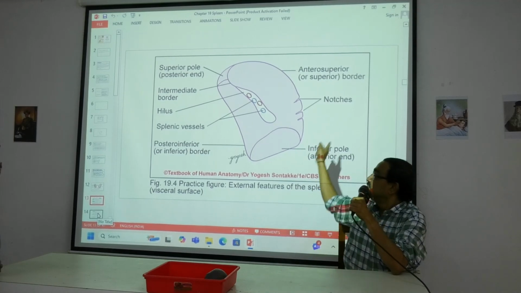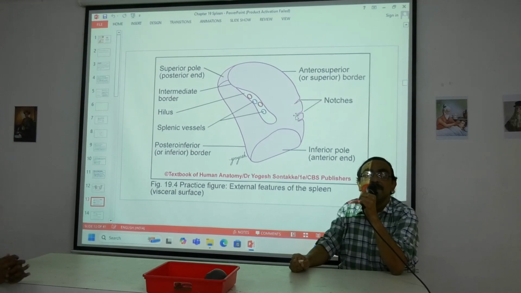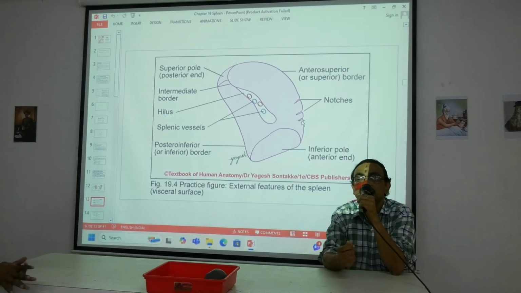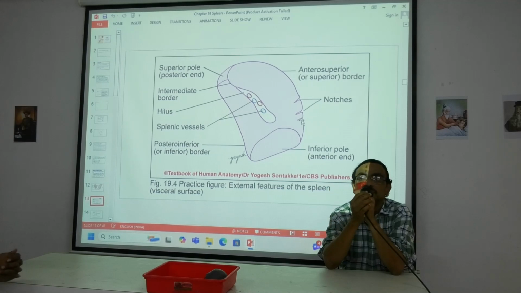You can see the superior border is notched. Why? We know the spleen is formed from different splenic lobules.